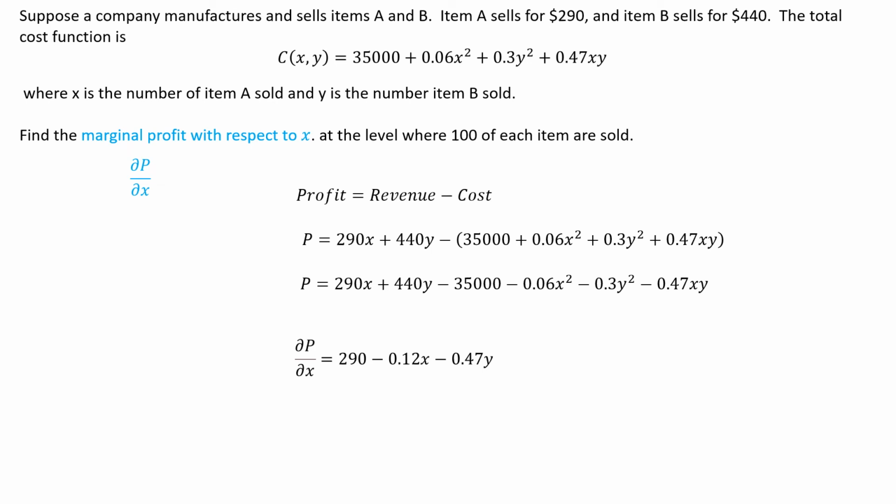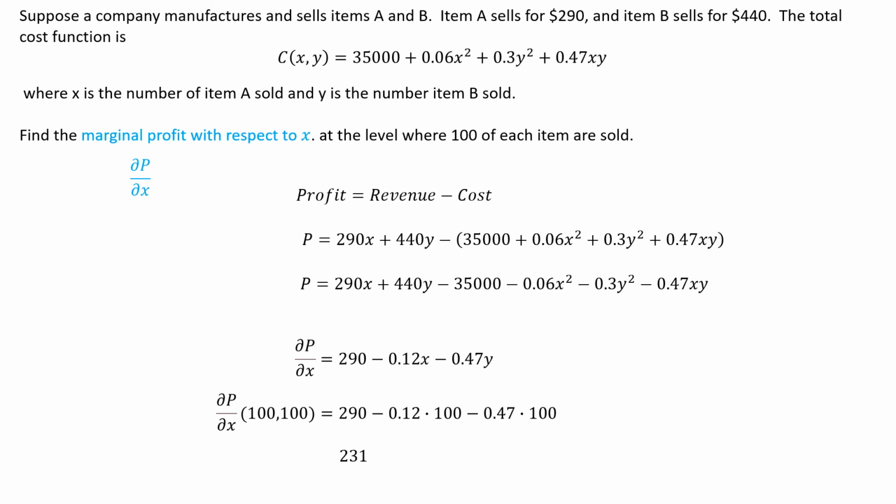Now that we have the partial derivative with respect to x, or the marginal profit, we're being asked to find that numerically at a level where 100 of each item were sold. So if I plug in 100 for x and 100 for y, do some calculation, I get an answer of 231. And that's the answer to this problem.